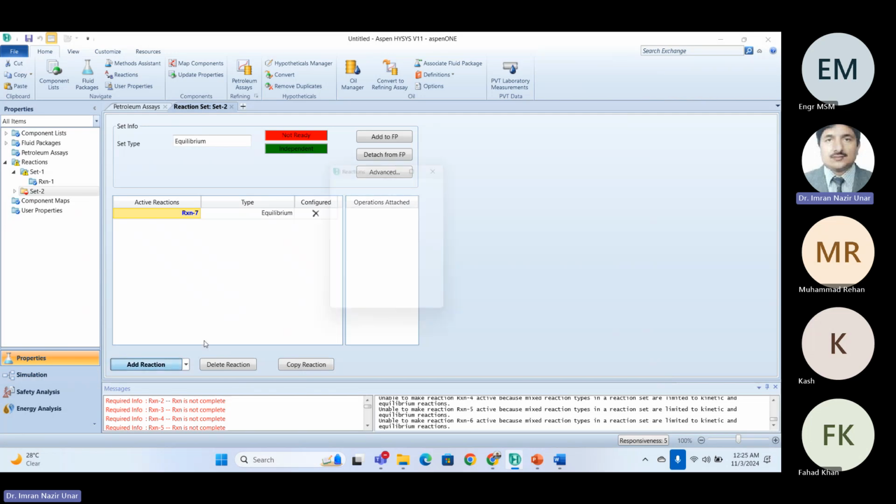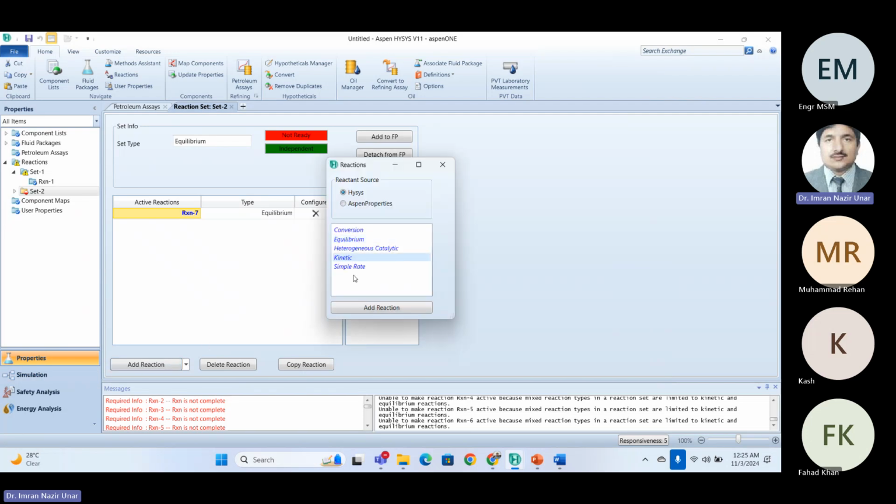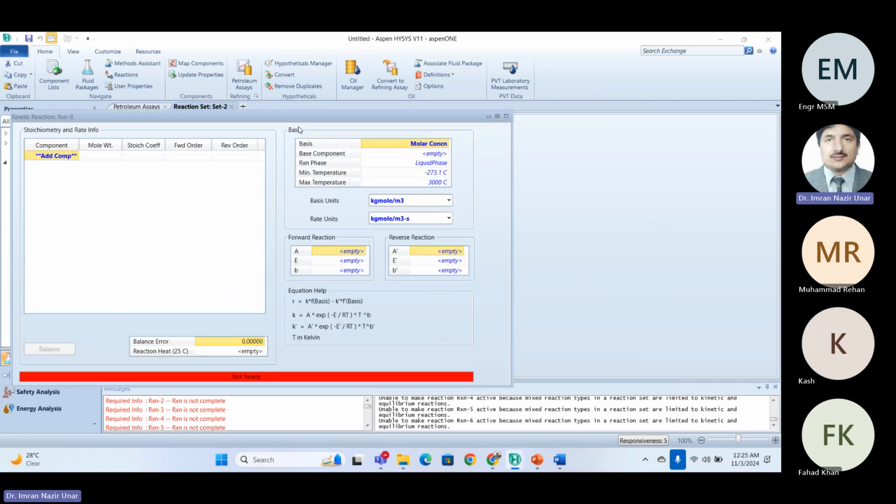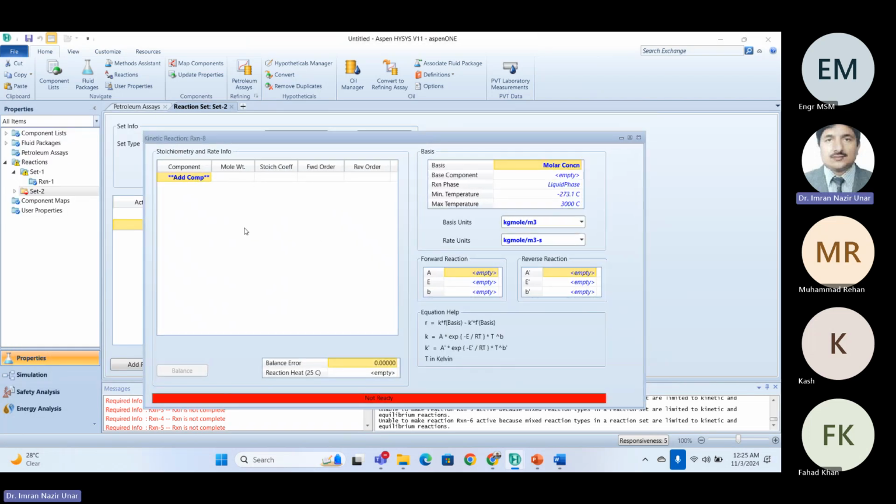If I am adding kinetic reactor, so I'm just showing you that in kinetic reactor, you have to define the component, stoichiometric coefficient, forward order, reverse order. On the right side, you have to define the forward reaction rate as well as the reverse reaction rate.